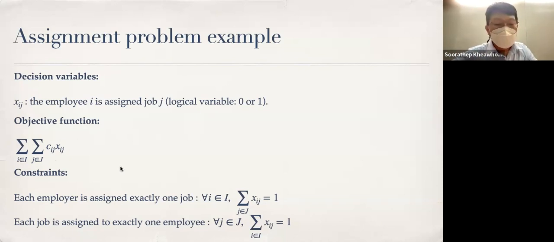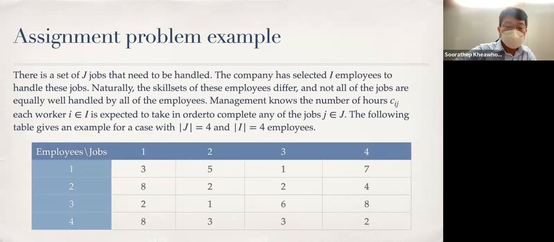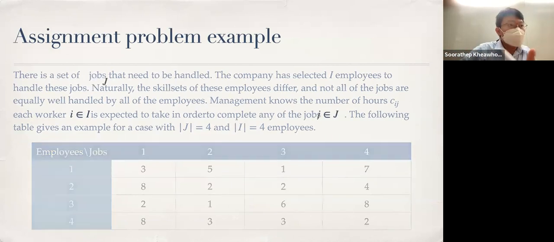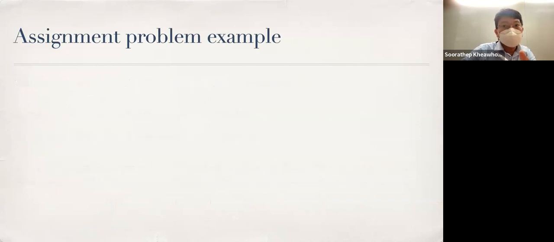So each employee is assigned exactly one job. Okay. What does it mean? If we look at X, for each I, the summation must be only 1.